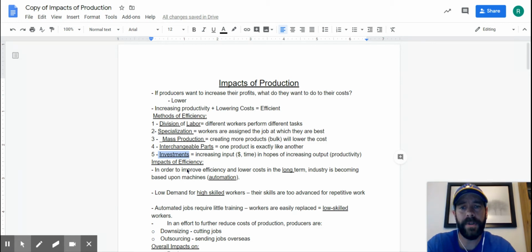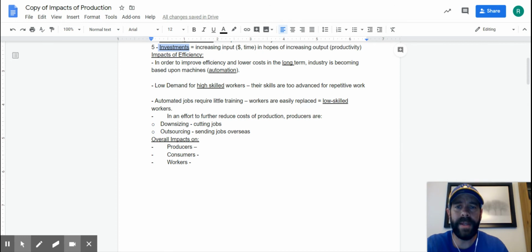Same thing with investing your time, that you may study an hour for a test and that improves your grade maybe by 10 points. But if you study for 10 hours straight, you're going to wear yourself out. And so that extra time you put in doesn't necessarily increase your productivity.